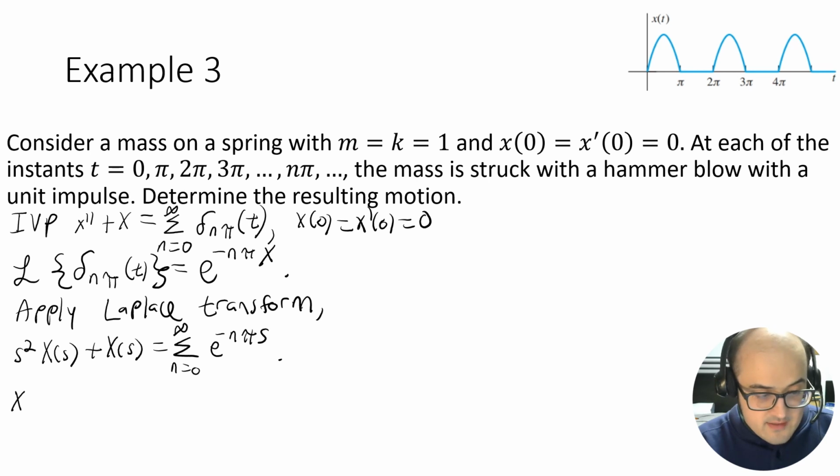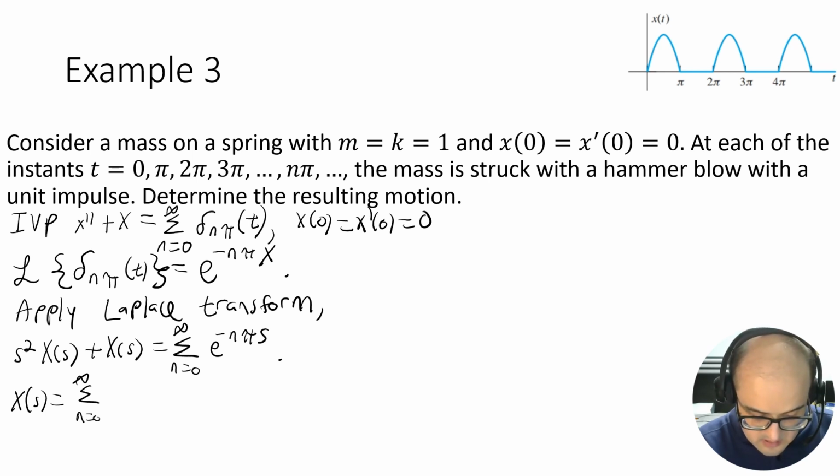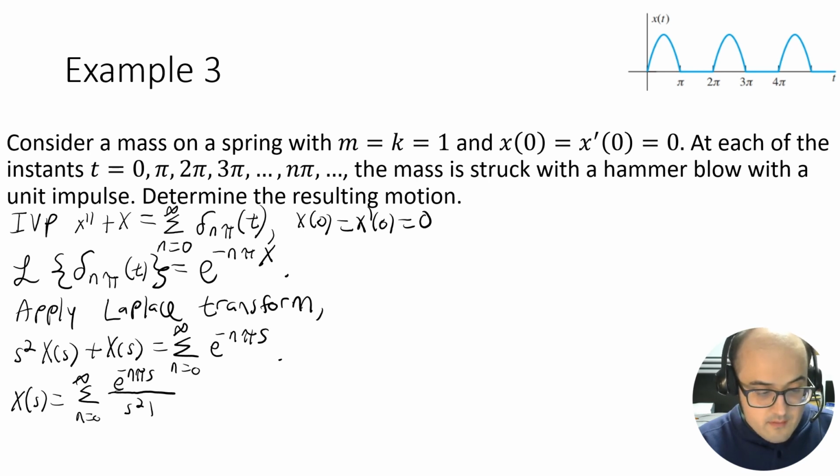So solving for capital X of s, this would be the sum from n is 0 to infinity of e to the negative n pi s divided by s squared plus 1, from what we have in our function.